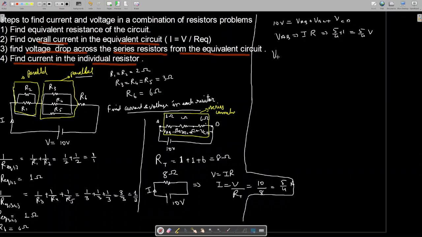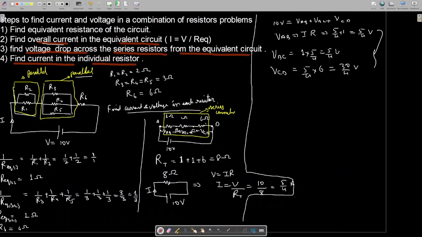Now similarly VBC will be 1 into 5 by 4 equal to 5 by 4 volt and VCD will be equal to I is 5 by 4 and resistance is 6 ohm. It will become 30 by 4 volt.